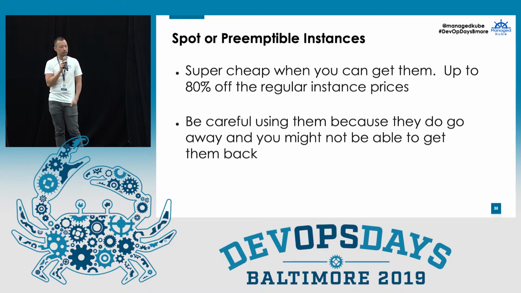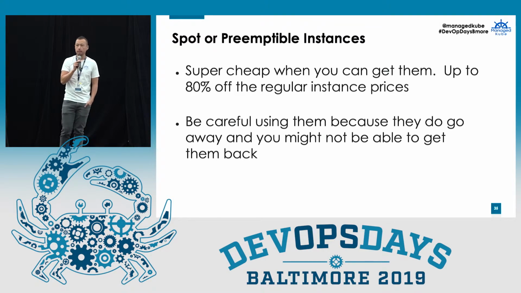And if you're on AWS, you can use things like spot instances, which are typically very discounted. However, you do have to be careful using these instances because they can be taken away at any time when the demand is there for them. So your application needs to be aware of this, and needs to be able to sustain these nodes being taken away at any time.